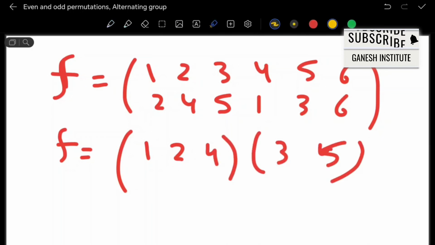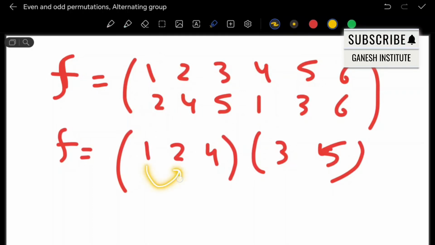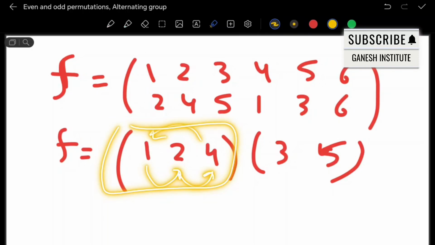See, I have broken this down: 1 is connected with 2, 2 with 4, and 4 with 1. So this cycle goes from 1 to 2, 2 to 4, and 4 back to 1. So this is one cyclic permutation.